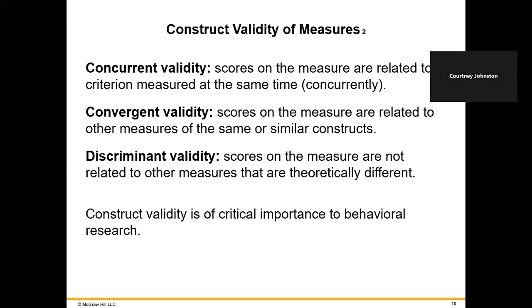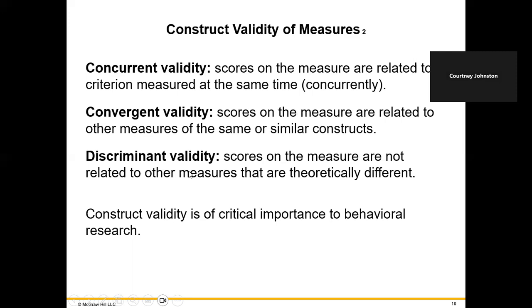And then you look at how different this is. Of course, you would run this study with a sample of participants. You compare and contrast it to possibly a different survey that conceptualizes or defines depression in a different way. And what you're looking for is differences. You're looking for higher differences because you conceptualize depression differently than this. So you want there to be big differences in discriminant validity.